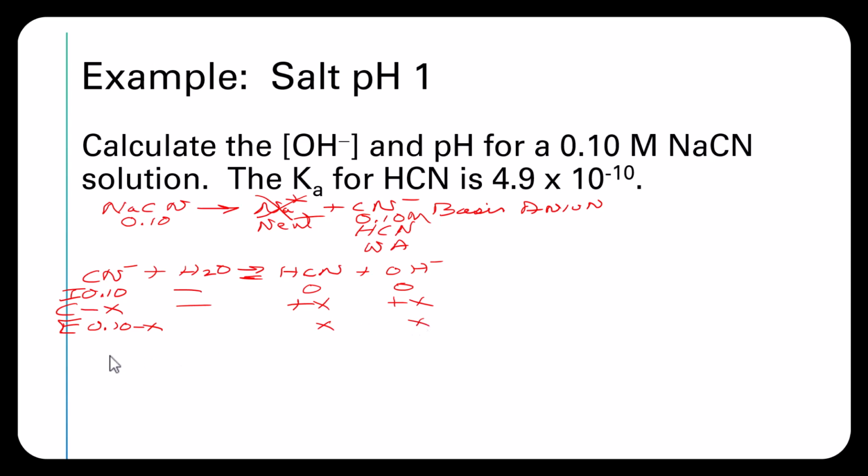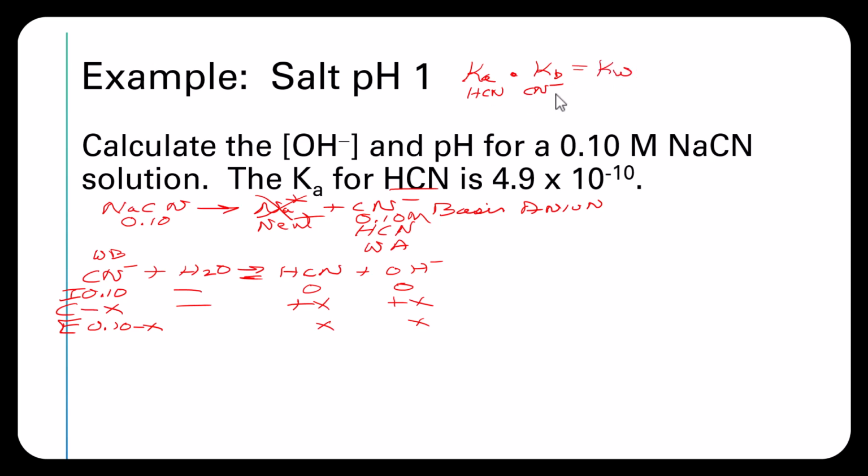Now let's take a look at the equilibrium constant expression. This is a weak base, so we can't use the Ka for the conjugate base of hydrocyanic acid. We need the Kb. And if you remember, Ka, that is for the hydrocyanic acid, times Kb, which is for its conjugate base, equals Kw.